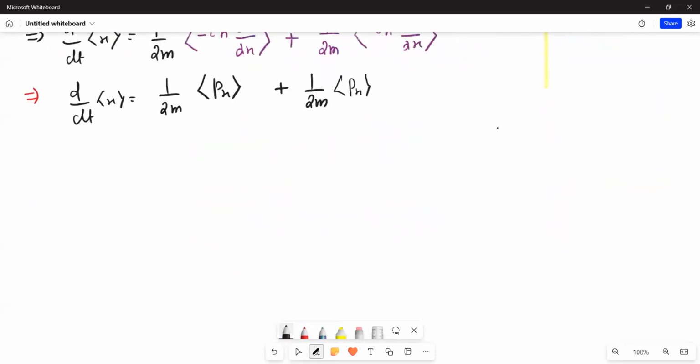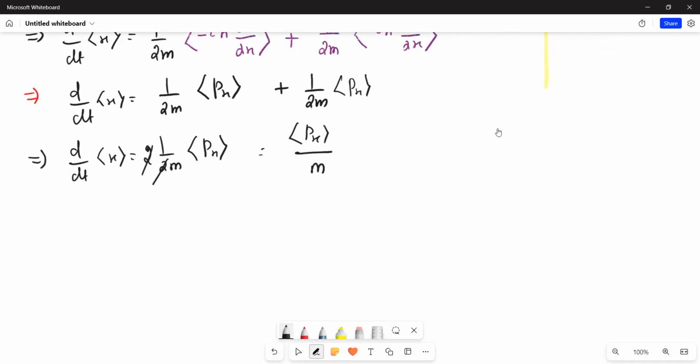Then nothing, it is simple mathematics. So 1 by 2m, actually 2 times of this one, no? The expectation value like this. This 2 will be cancelled. So what will you get? The expectation value of Px by m.